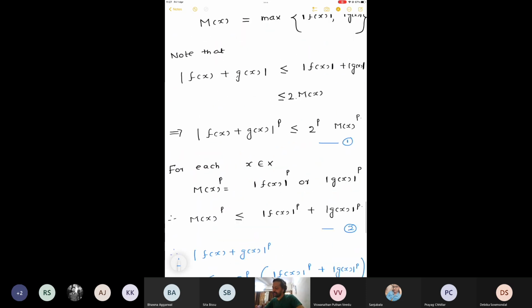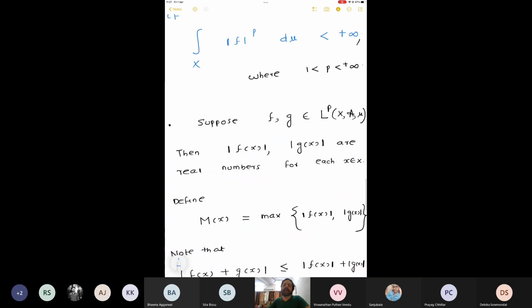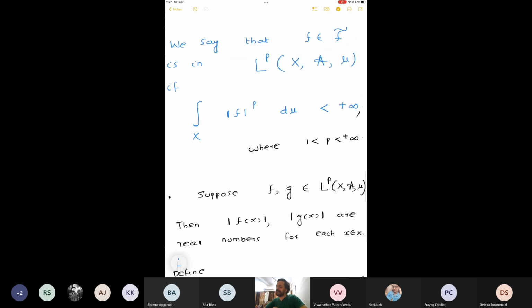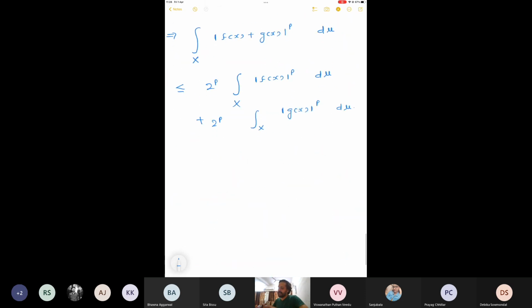And we started with f and g in LP. Look at the definition of LP. A function is in LP if integral over x mod f power p d mu is finite. Therefore, since f and g are in LP, you will get integral of mod f power p d mu is finite.